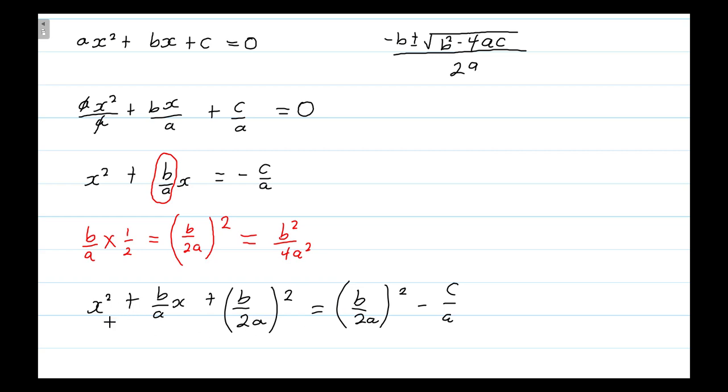Now the next step is to factorize this trinomial, and the easiest way to factorize this trinomial is to group the terms with square in the bracket, and then you raise everything to the second power.